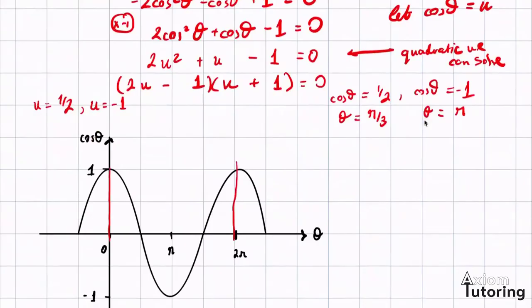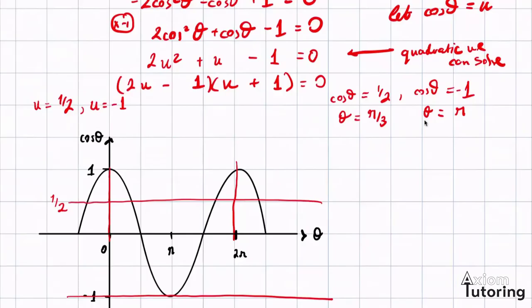But we have cos theta is a half. So that's going to be there. A half. And then for cos theta equal to minus 1, let me redraw that. So equal to minus 1, which is there. Okay, and we want all the solutions within our interval.